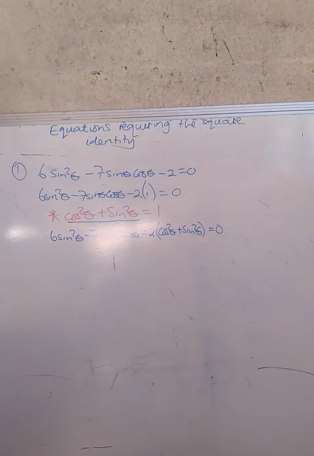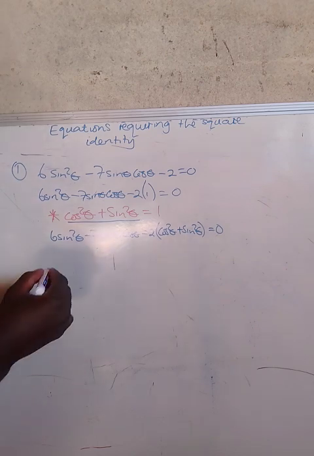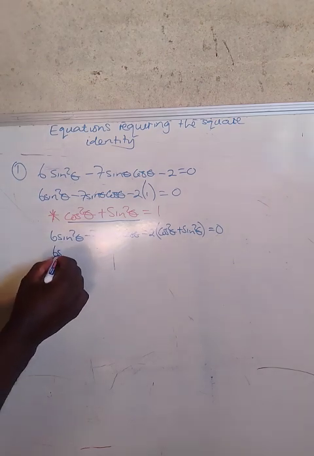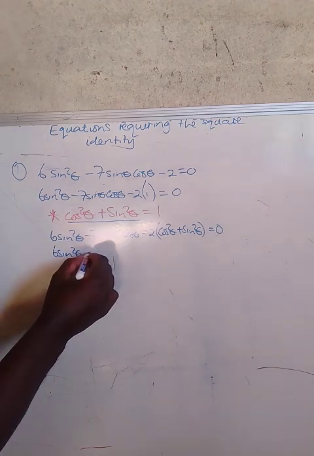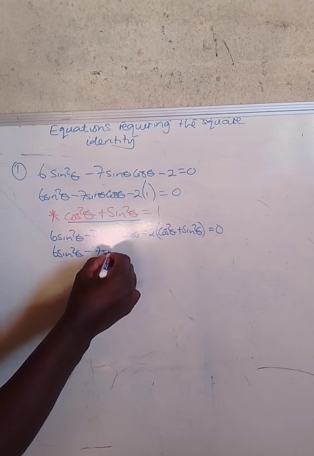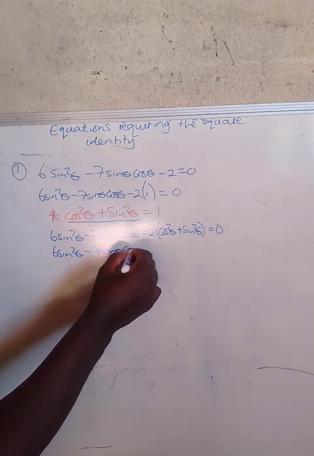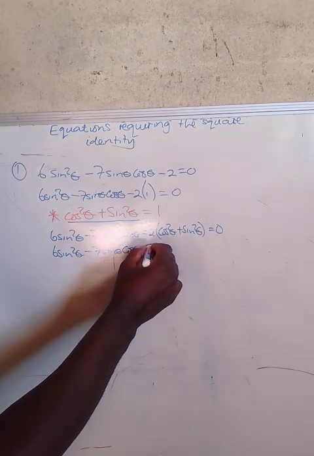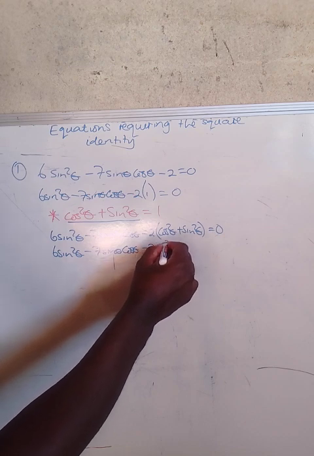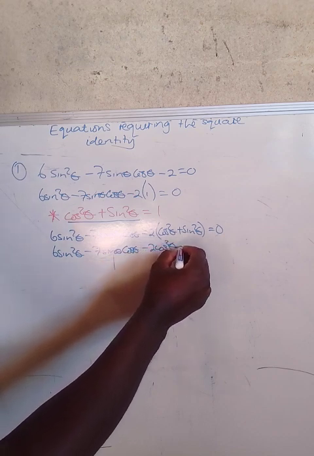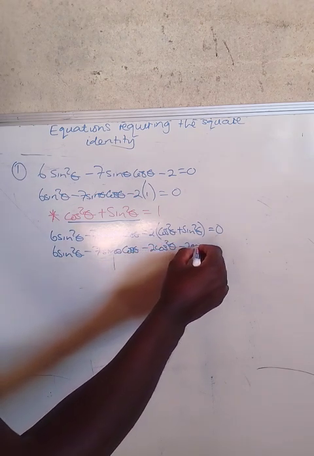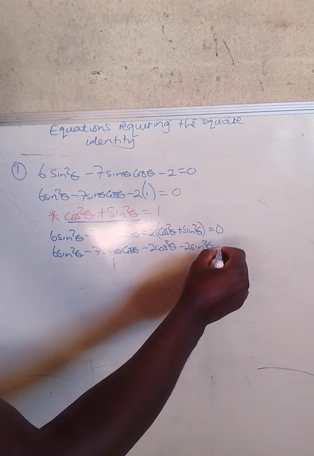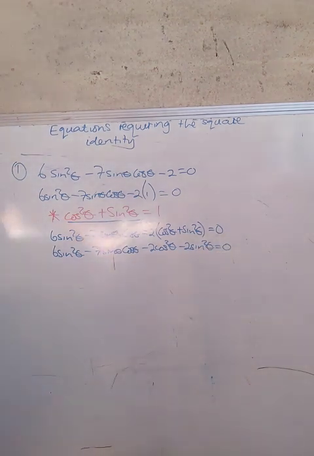Now we can expand this, such that we are going to get 6 sine squared theta minus 7 sine theta cos theta minus 2 cos squared theta minus 2 sine squared theta is equal to 0.